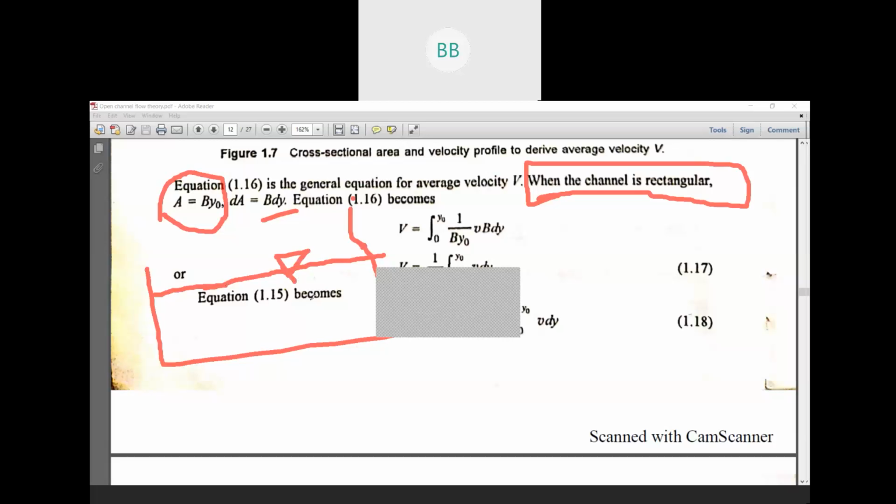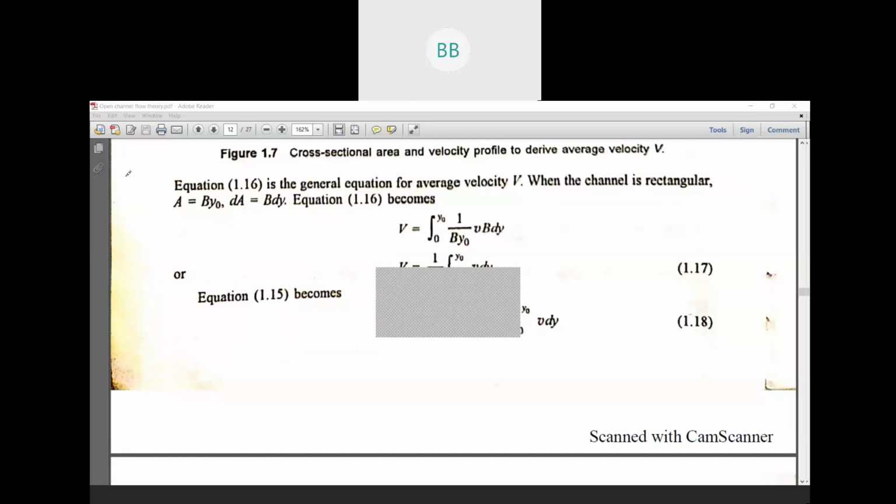So your maximum limit is y naught, and the limit will be 0 to y naught. Then 1 by capital A, the whole cross-sectional area, we substitute as B into y naught.